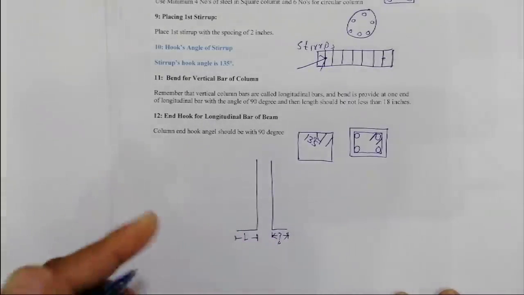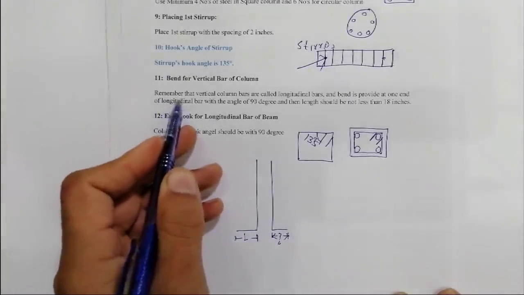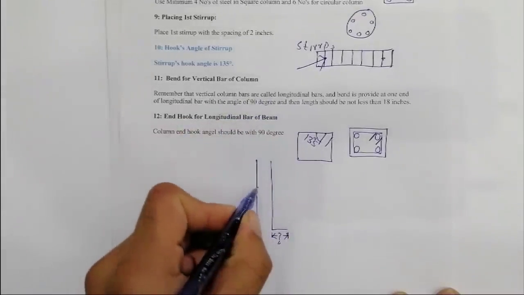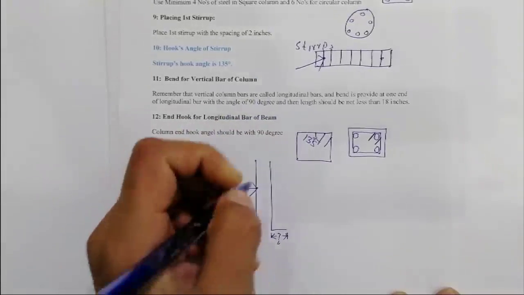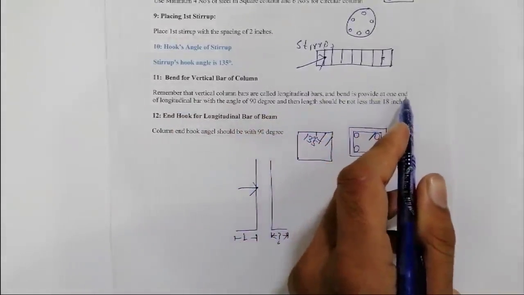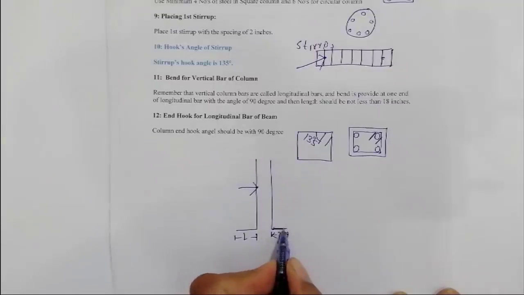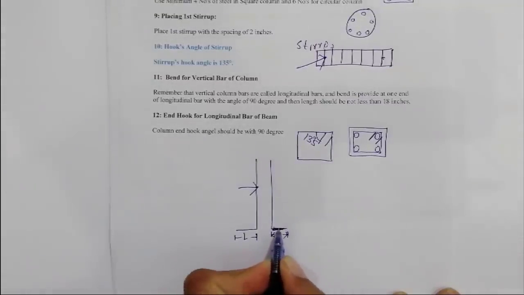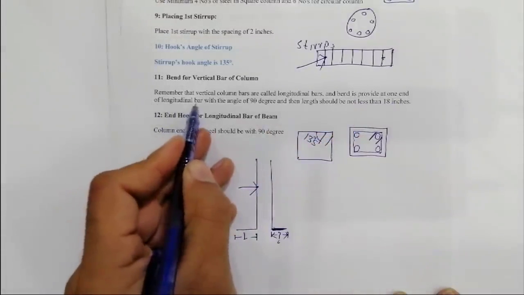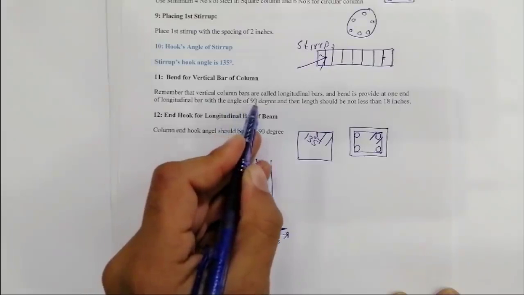Okay, so here remember that vertical column bars are called longitudinal bars, and the bend is provided at one end. This is below. Okay, this is one end, right? That one end of the longitudinal bar is bent at an angle of 90 degrees.